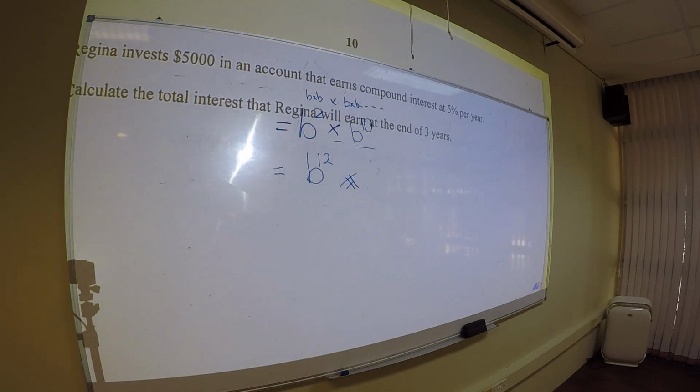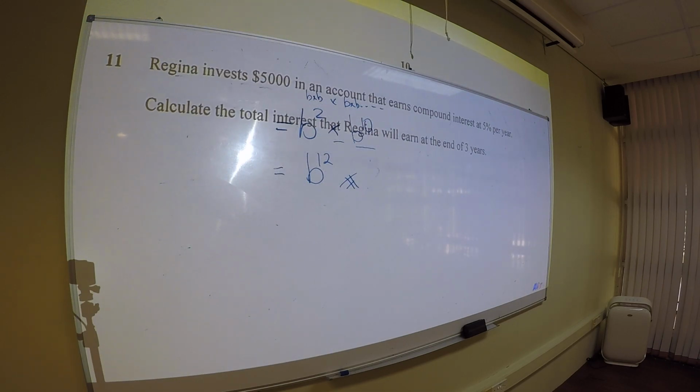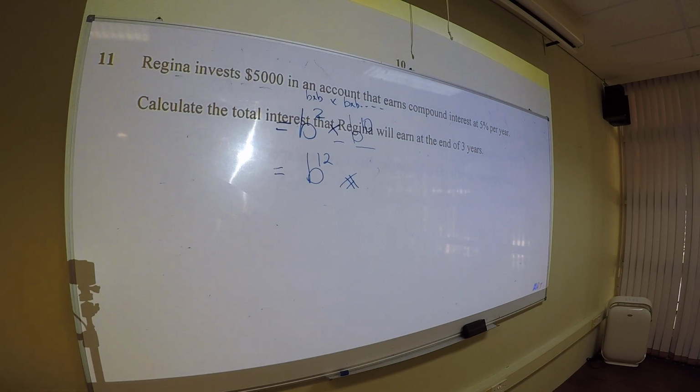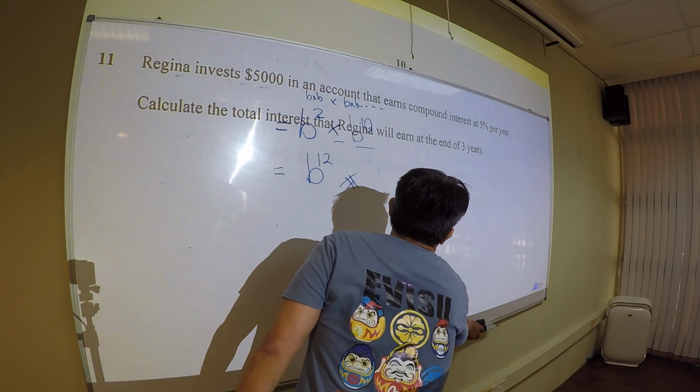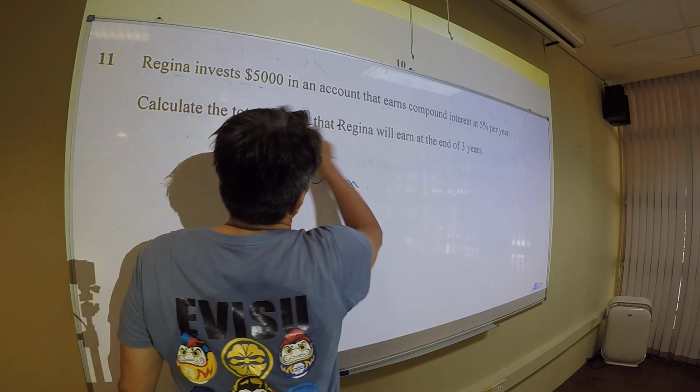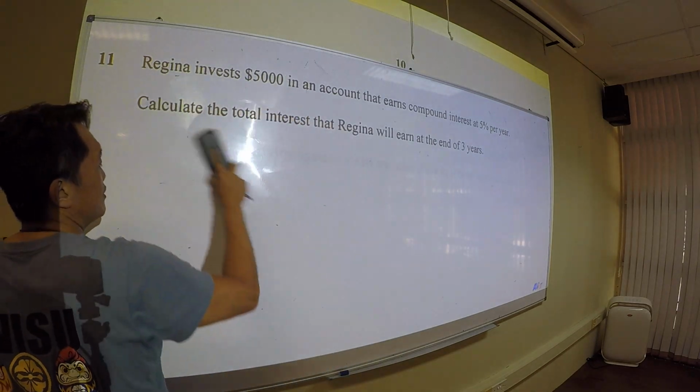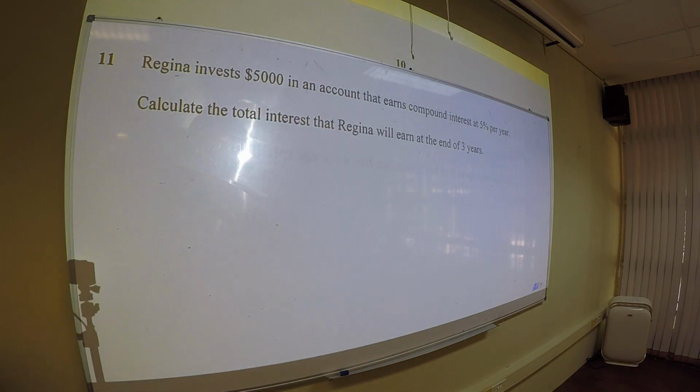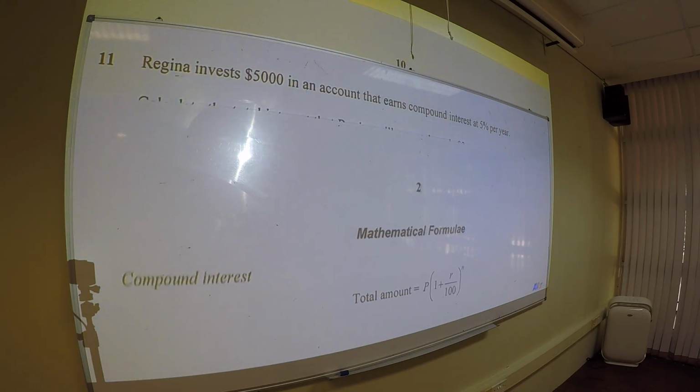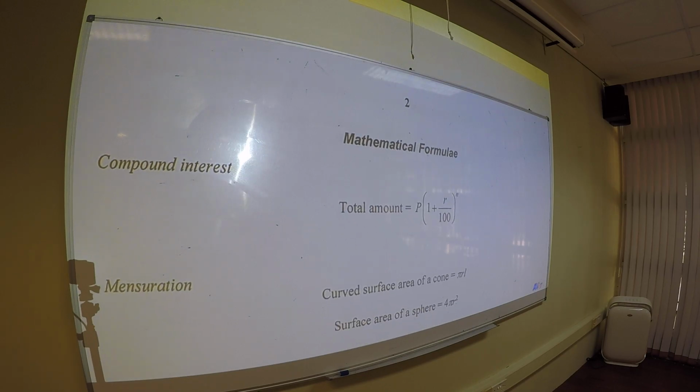Regina invests 5,000 in an account. Compound interest. Remember that all this formula, compound interest, you are given. It is on page 2 of your exam paper. Okay? So it's just how you use it. It is the first formula on your formula list.